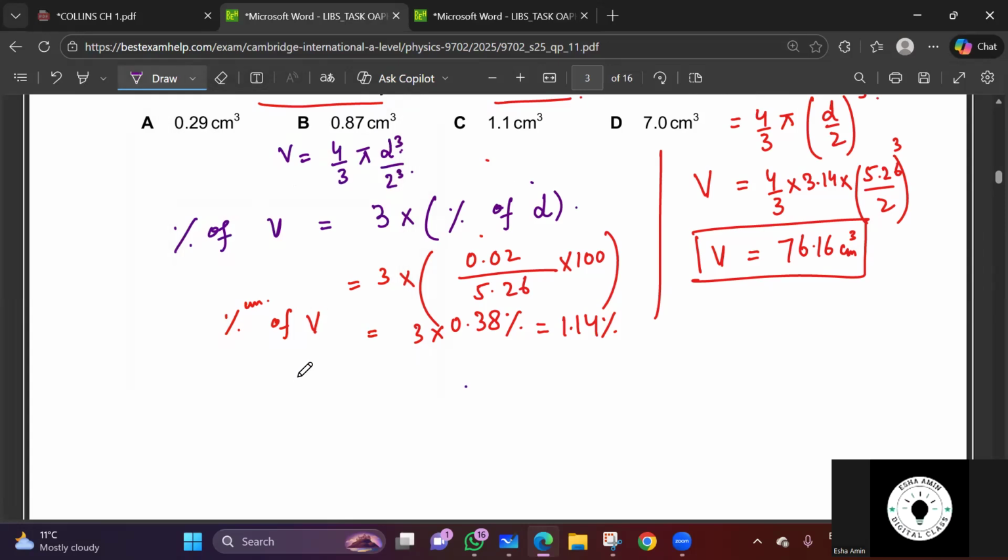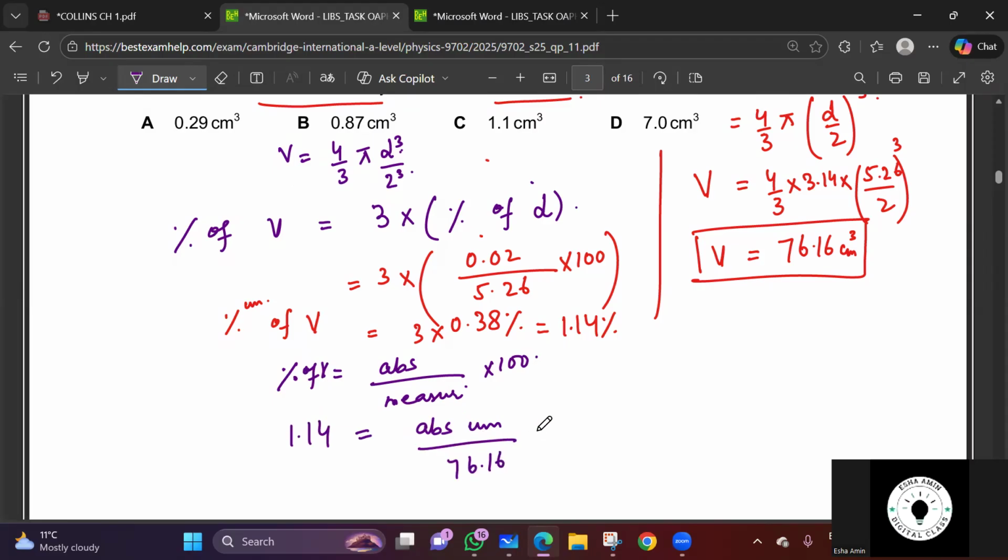The formula is: the percentage is absolute over measurement into 100. So the percentage of volume, 1.14, is equal to the absolute uncertainty over the measurement of the volume, 76.16, into 100.